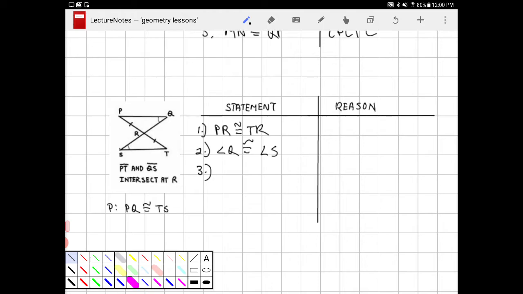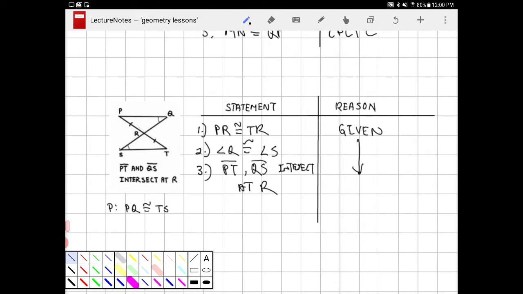And I know that PT and QS intersect at R, which means we're going to have a set of vertical angles.